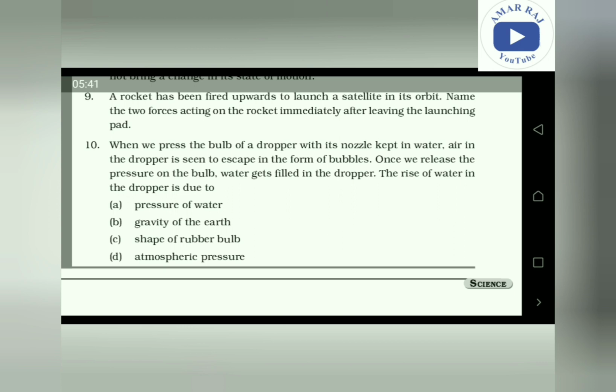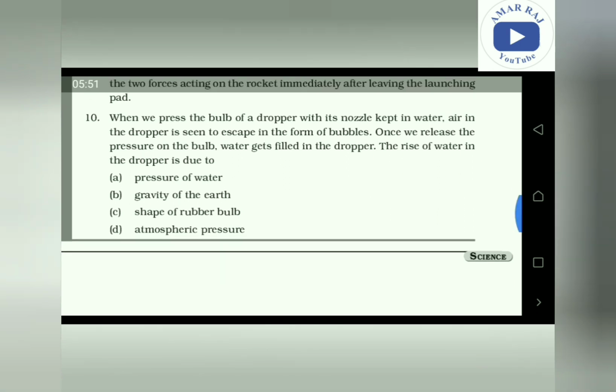The dropper or the syringe, these equipment work on atmospheric pressure. That's all. We have completed the 10 questions of NCERT of this chapter, force and pressure.